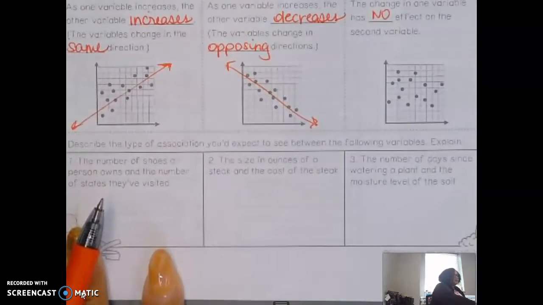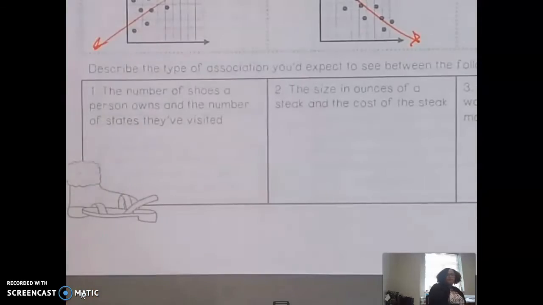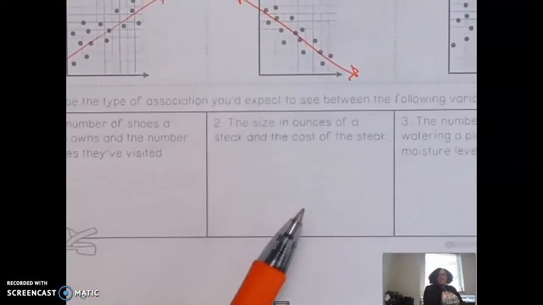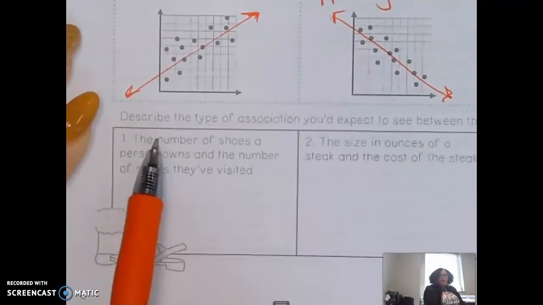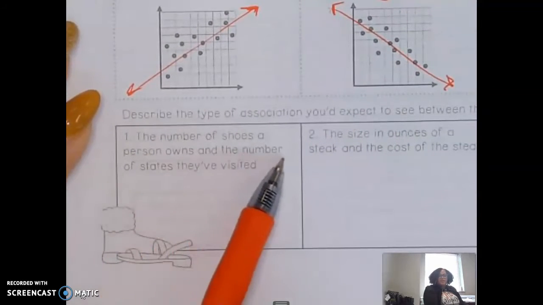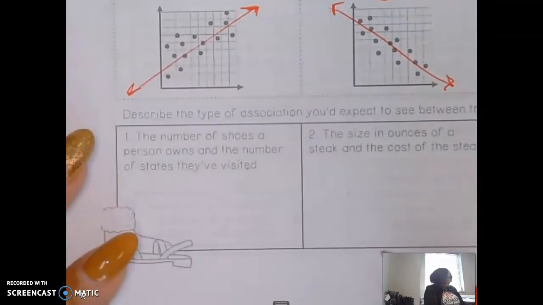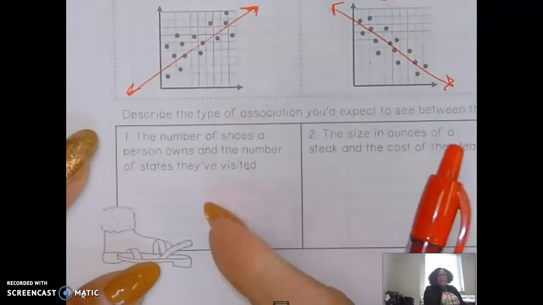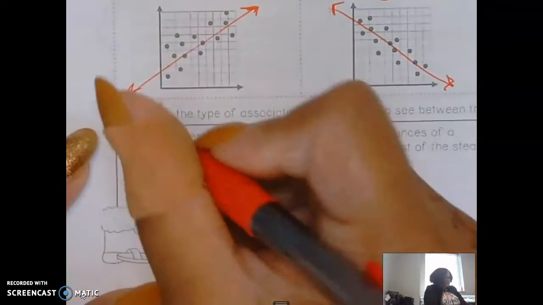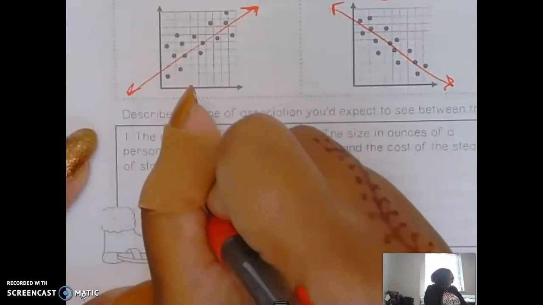So at the bottom, it says, describe the type of association you'd expect to see between the following variables and explain. 1, the number of shoes a person owns and the number of states they visited. Well, if shoes had to do with the number of states you visited, then these would have an association, but these are not related at all.